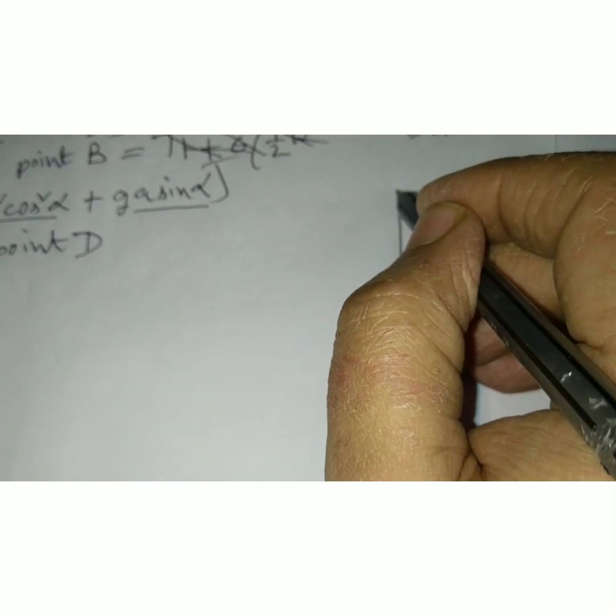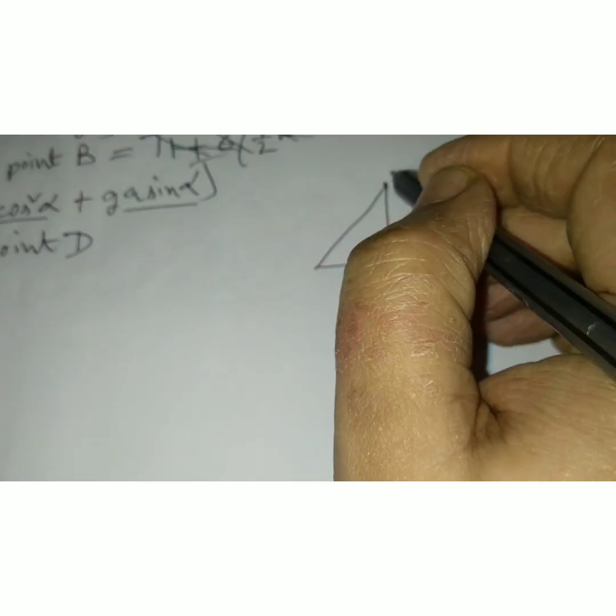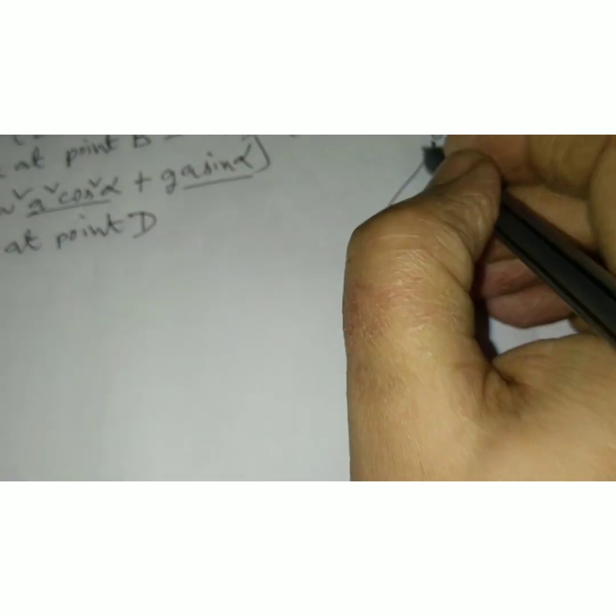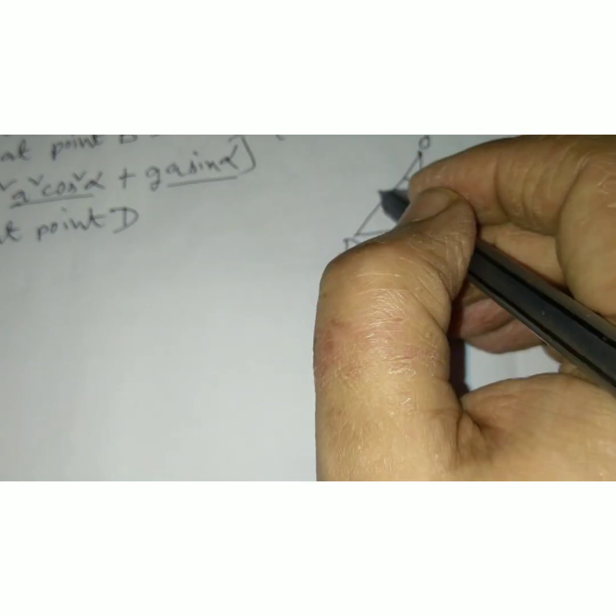I draw the triangle OFD. So this is alpha, and A is the radius. OF is A cos alpha and FD is A sin alpha.